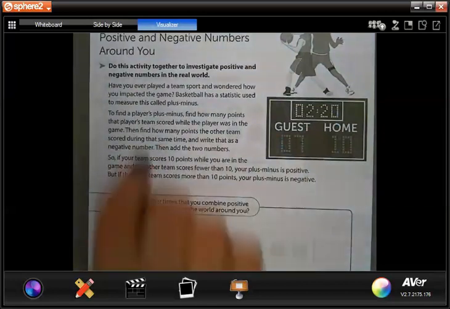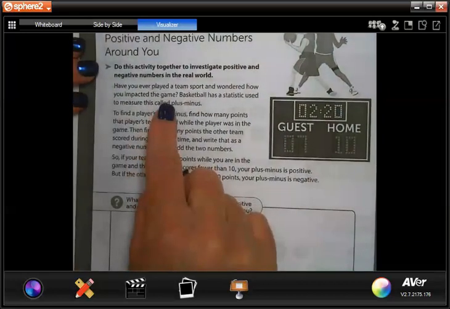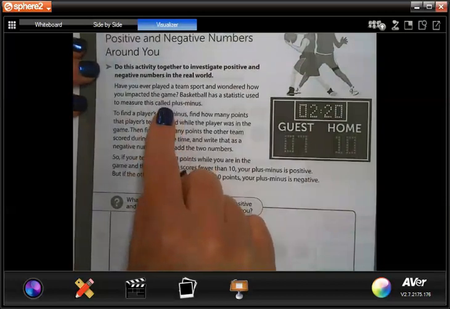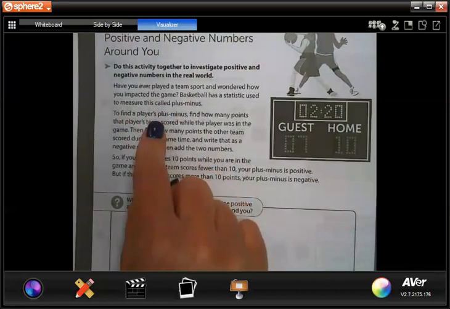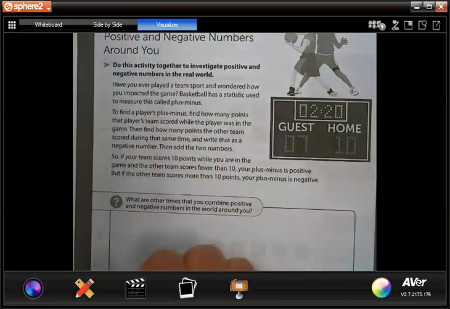If you've ever played a team sport and wondered how you impacted the game, basketball has a statistic used to measure that called the plus minus. To find out how good you do or how you impact the game, you find the player's plus minus.